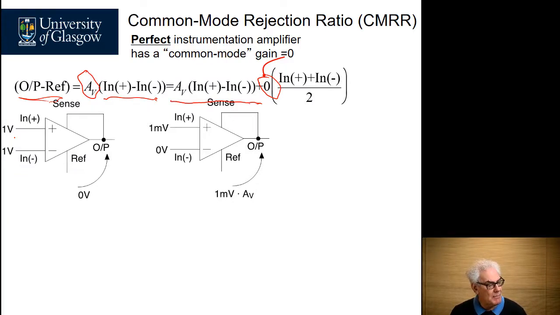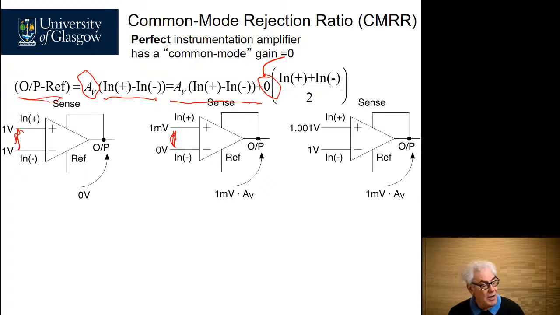So in the first example here, we've got 1 volt appearing at both inputs, and because we have a perfect instrumentation amplifier, the output voltage will be 0. In the second example here, we have 1 millivolt appearing at the input, so the output will be 1 millivolt times the differential gain of the instrumentation amplifier.